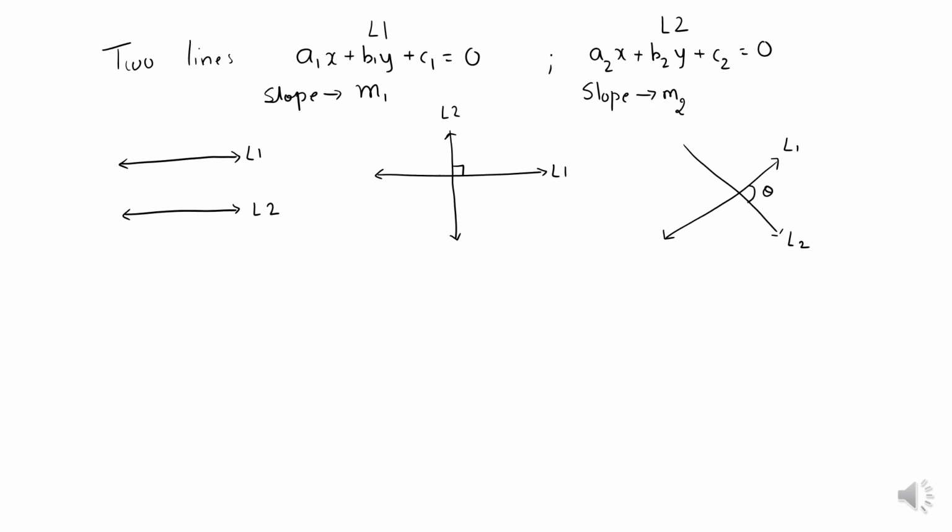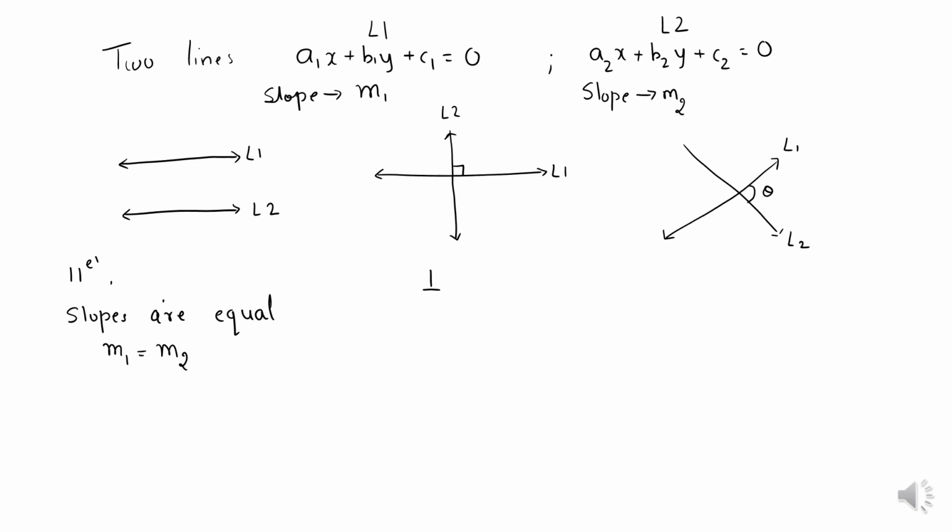When lines are parallel, it means the slopes of both the lines are equal. That is, both the slopes should be equal for lines to be parallel.